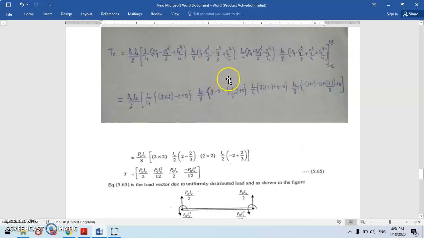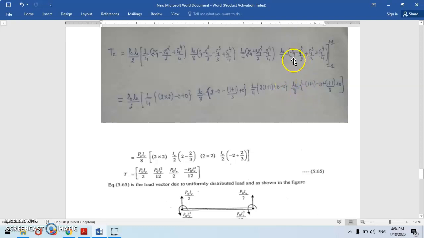Here it will be 0, again plus 1 means 2 by 3, you will be getting 0. Similarly here also, if there is a zeta here, then it will be 1 plus 1. What is the reason you are getting 1 plus 1? 1 you have substituted, minus of minus 1 will be plus 1. That is why you got 1 plus 1 here. So here you will be getting 0, here also you will be getting 0.